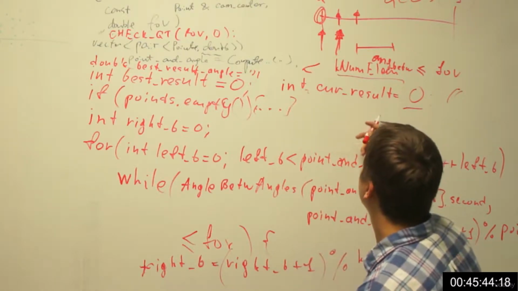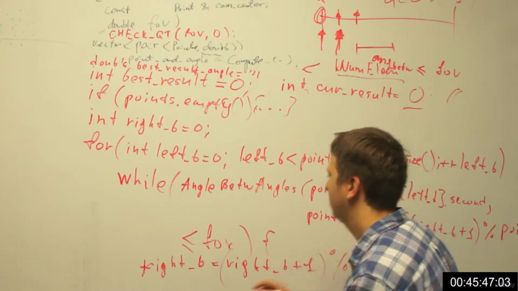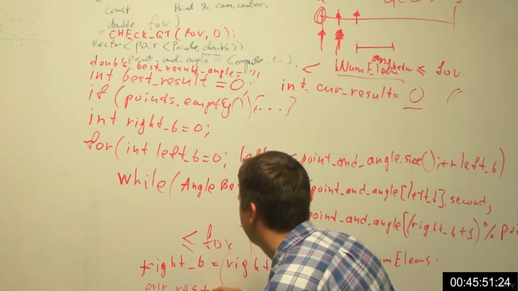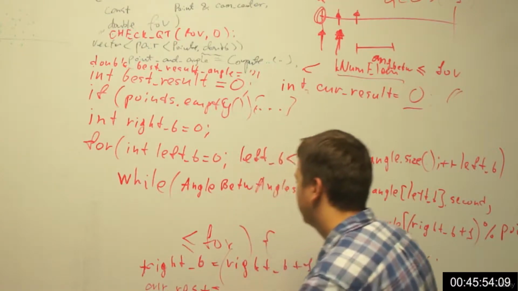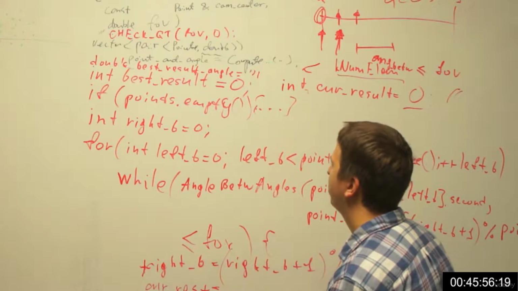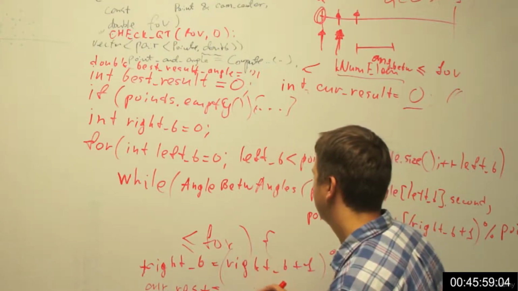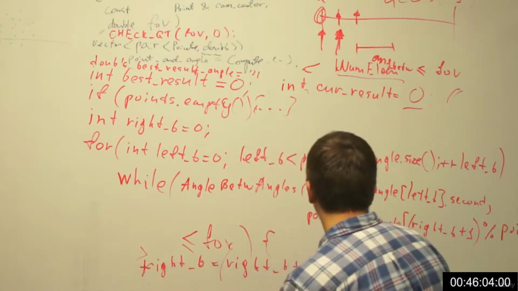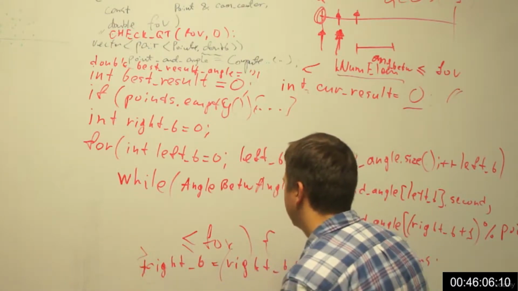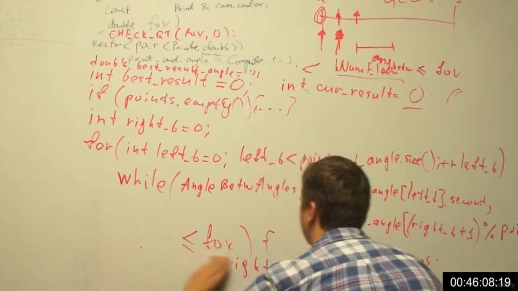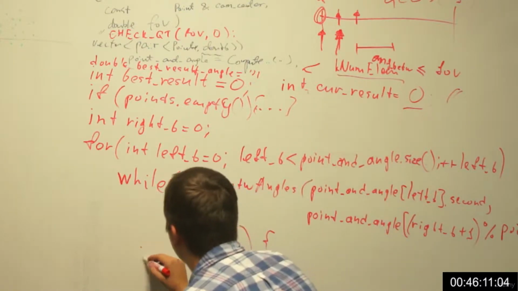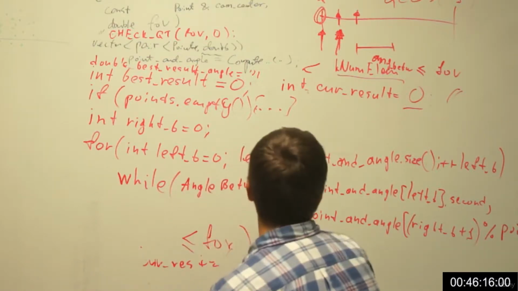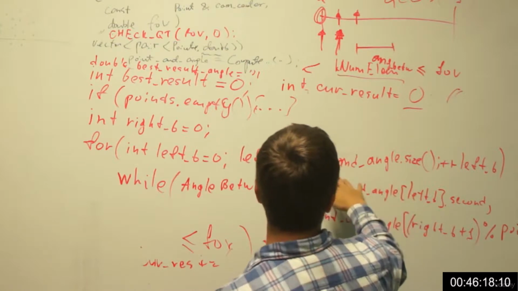So current result plus equal the number of points in the angle.